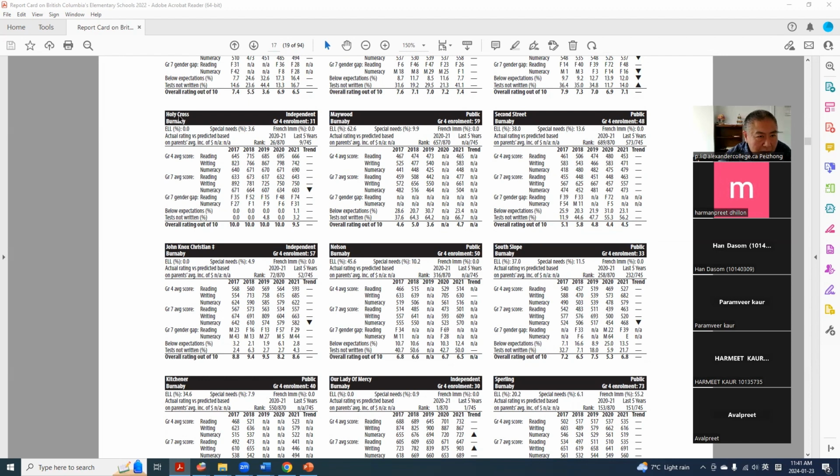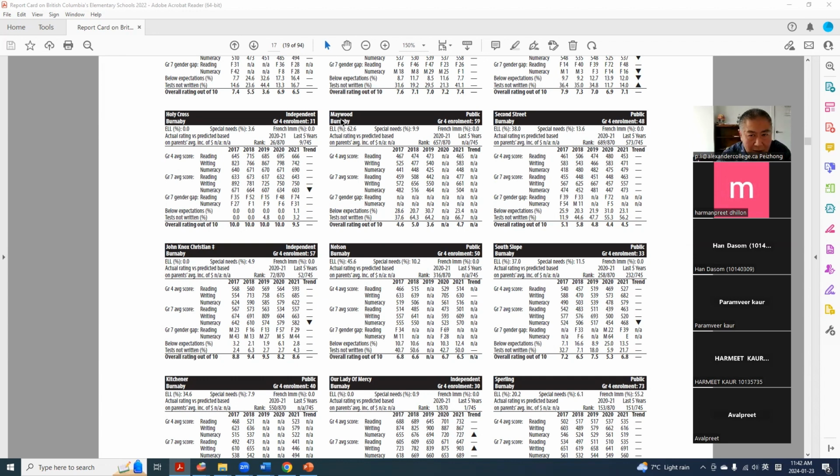And this school, Holy Cross in Burnaby, ranks pretty high, 26 out of 870. Is that good rank? That's good rank. It's not number 1, but pretty good. Top 50. And that's a good school.